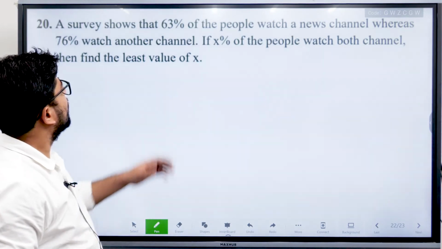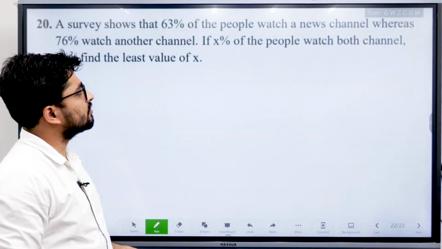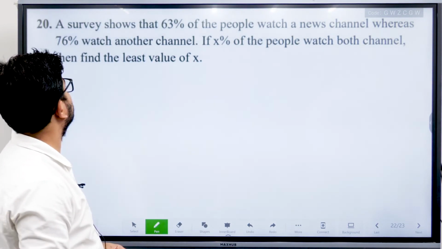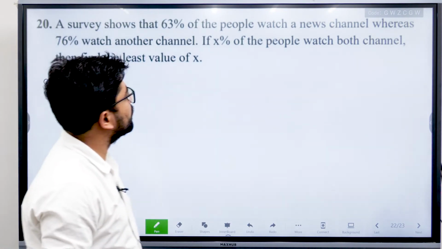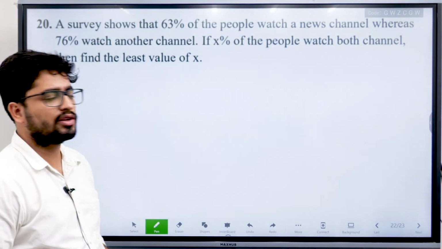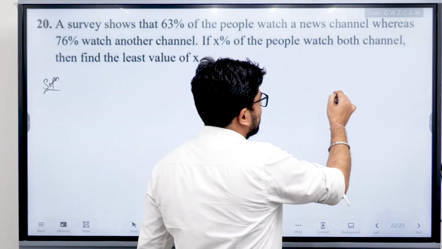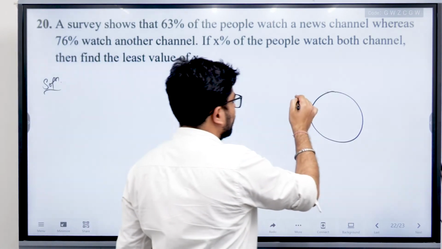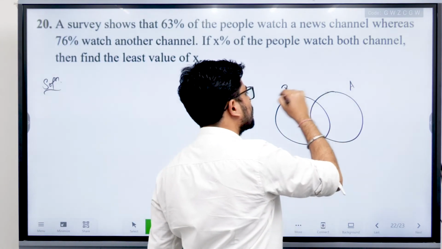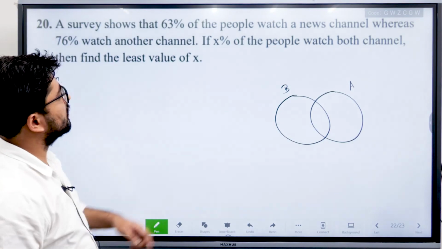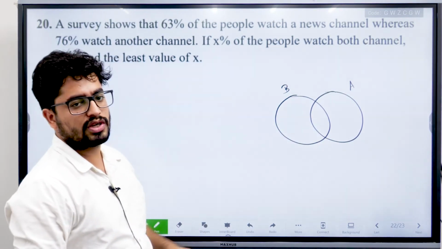Next question is, a survey shows that 63% of the people watch a news channel, whereas 76% watch another channel. If X% of the people watch both the channels, then find the least value of X. So let's say this is your set A and this is your set B. Set A is the collection of people who watch the news channel.